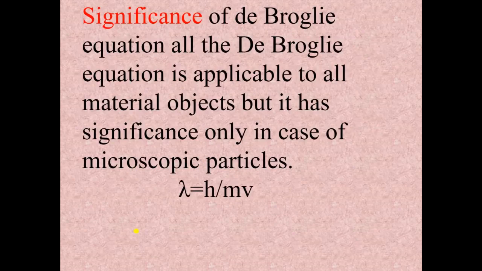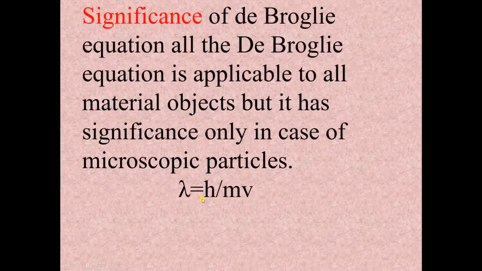Now the significance of the de Broglie equation is that this equation is applicable for only microscopic particles. Why? Because according to this equation, lambda is equal to h by mv. Here wavelength is inversely proportional to mass. For a microscopic particle, mass will be very less. If mass is very less, then wavelength will be very high.